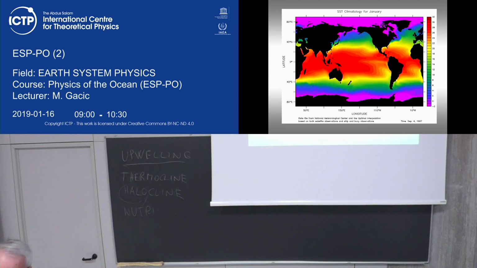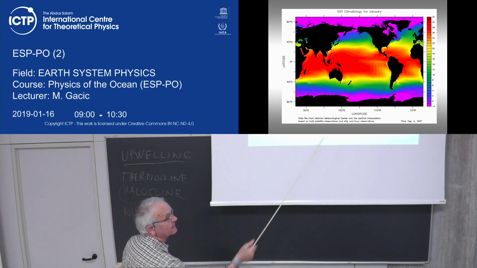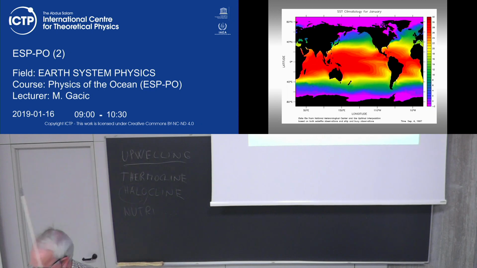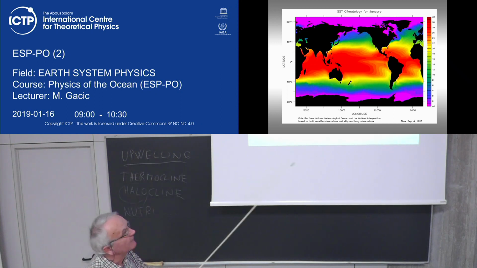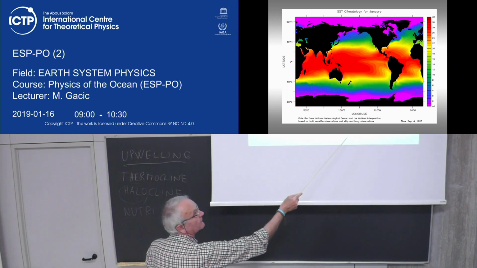Deeper water layers are characterized by lower temperature, obviously. If you bring them to the surface, then you get a lower sea surface temperature. So whenever you see these blobs of cold water in the coastal area, you can be almost sure that this is an area of coastal upwelling. The same thing you might see along the African coast.